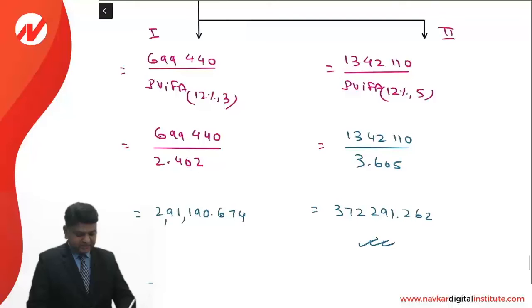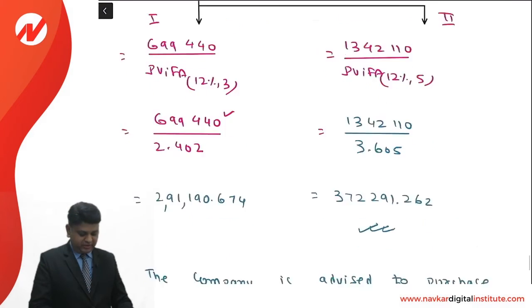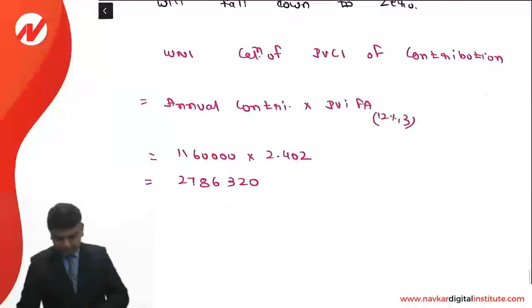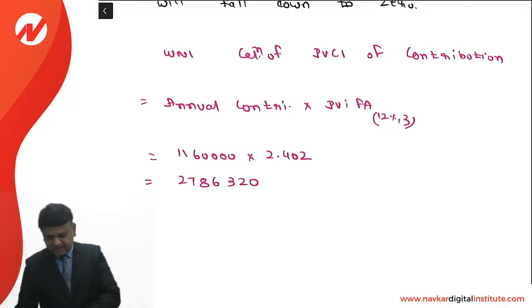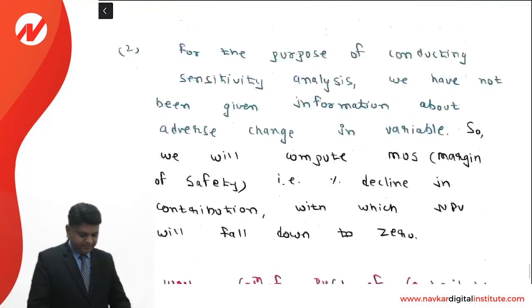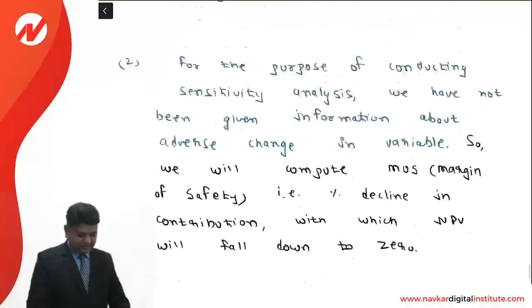Dear students, as far as the machinery 1 is concerned, it has a positive NPV of 6,99,440. That is the positive NPV that we have.